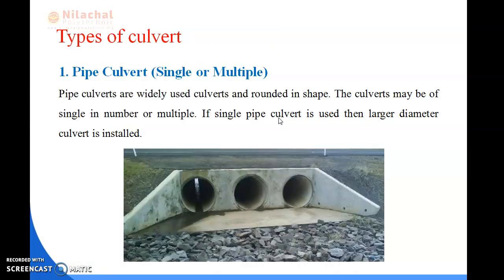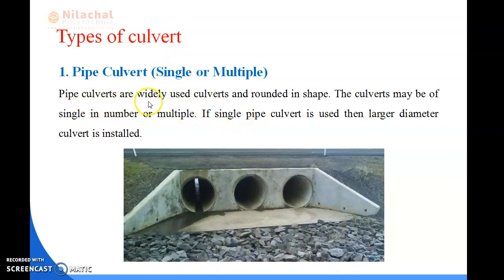Next, we discuss types of culvert. How many types of culvert are used? This is a pipe culvert, single or multiple. We can use a single pipe or multiple pipes for a culvert, depending upon the flow of the water and the width of the section also.